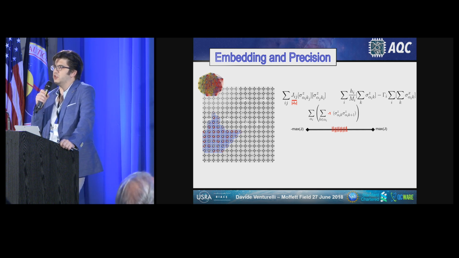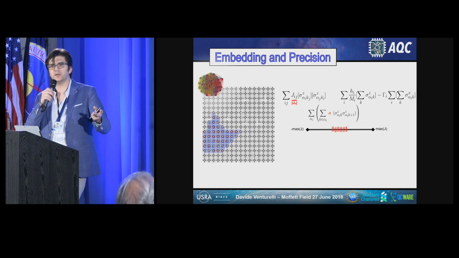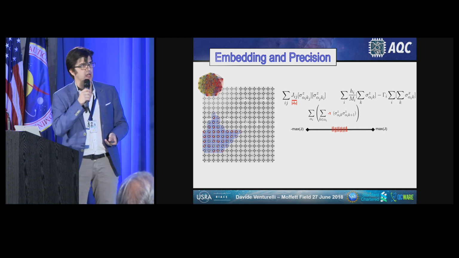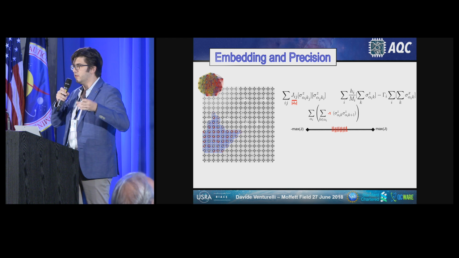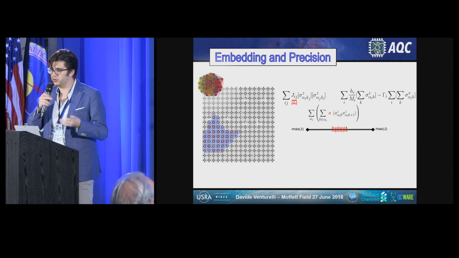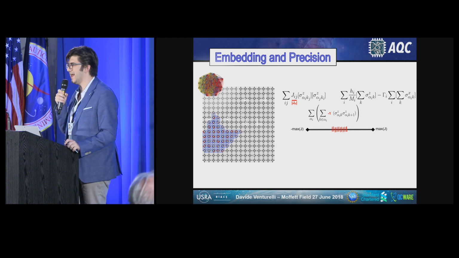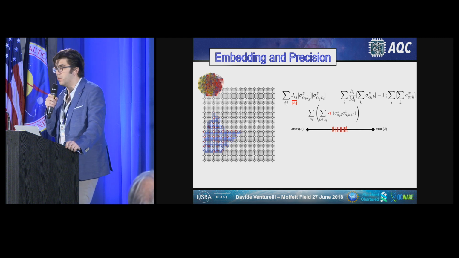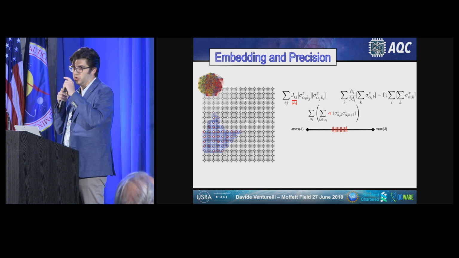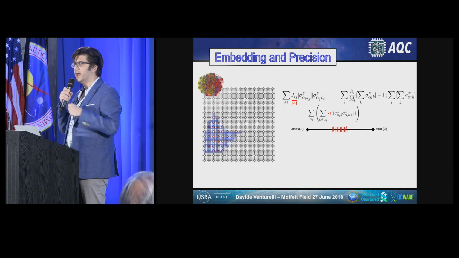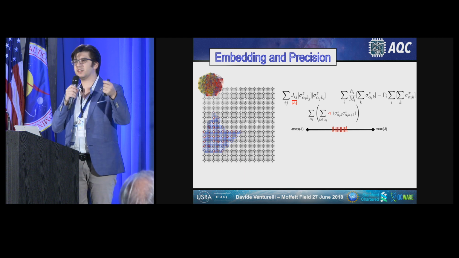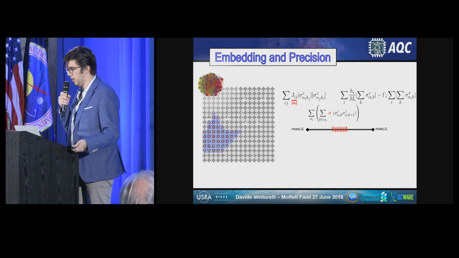Indeed, the chains which are meant to encode the logical qubits after the embedding procedure need to be ferromagnetically coupled strongly. This ferromagnetic bond is typically the most energetic term of your Hamiltonian, so it determines the rescaling of the remaining part of the Hamiltonian.